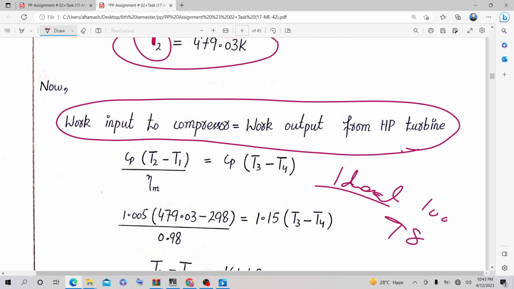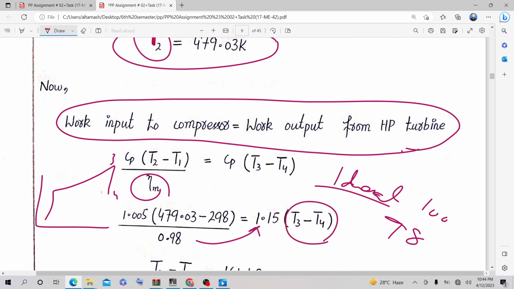So we will multiply 0.98 with the work output from the high pressure turbine. Work output from high pressure turbine is like this one. This is process 1 to 2, this is 2 to 3 combustion, and 3 to 4. This process 3 to 4 is here.